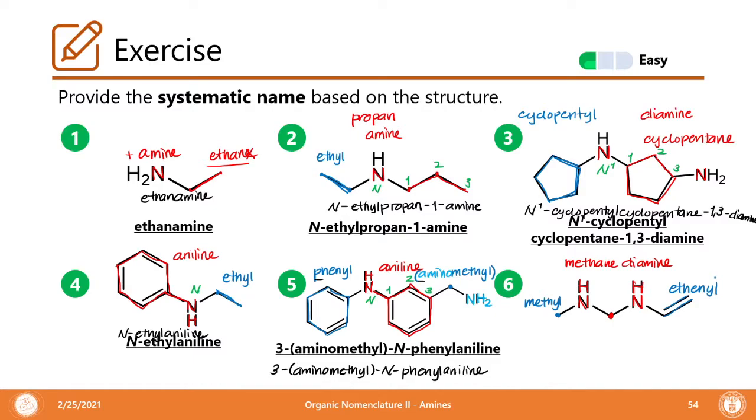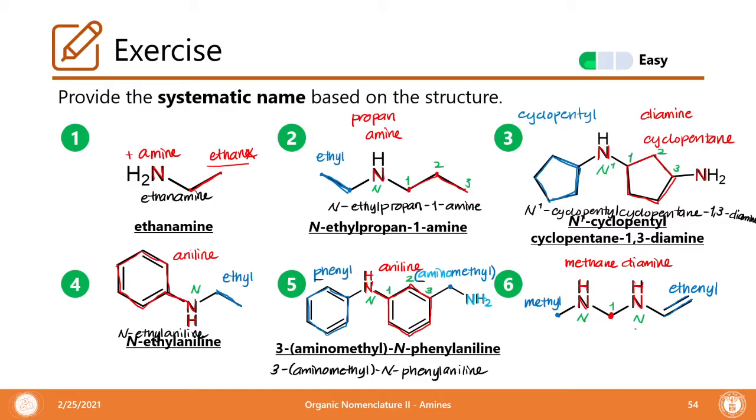Okay, so now when we assign the numbering, this will always be position 1, so there's no need to actually use the numbers because there's no other number choice. So in this case, we need to label it N. Okay.